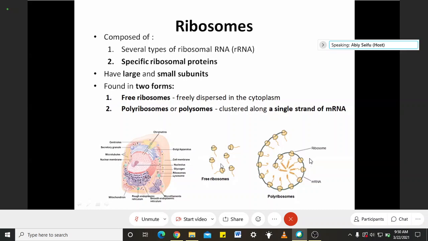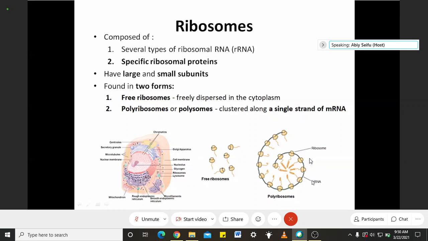These ribosomes may be found dispersed within cytoplasm with no activity. So we call them free ribosomes. But when they are to be engaged in activities, they would attach to a single messenger RNA like this one. This green outline is to indicate a messenger RNA.